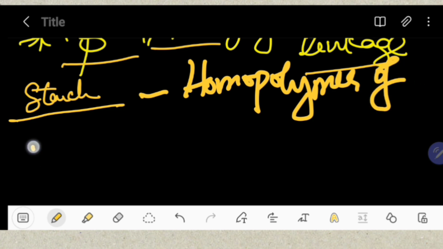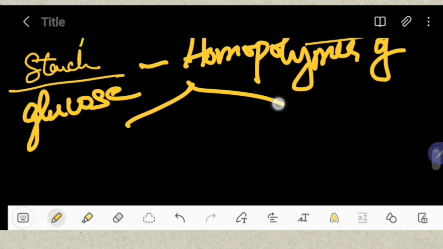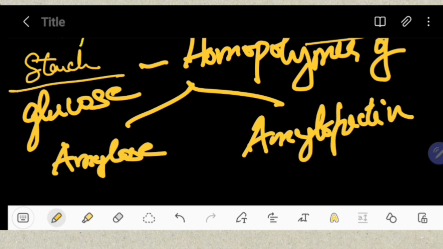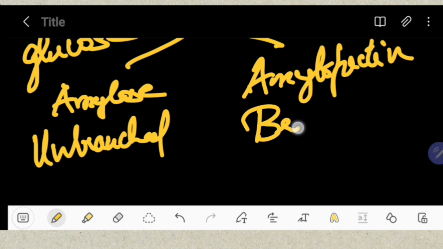It is not mentioned whether it is branched or unbranched, because starch is of two types: amylose and amylopectin. Amylose is the unbranched glucose chain present in starch. Amylopectin is the branched chain.